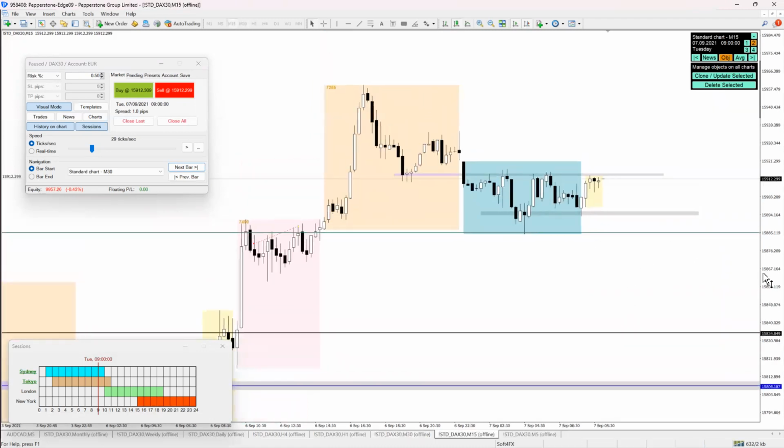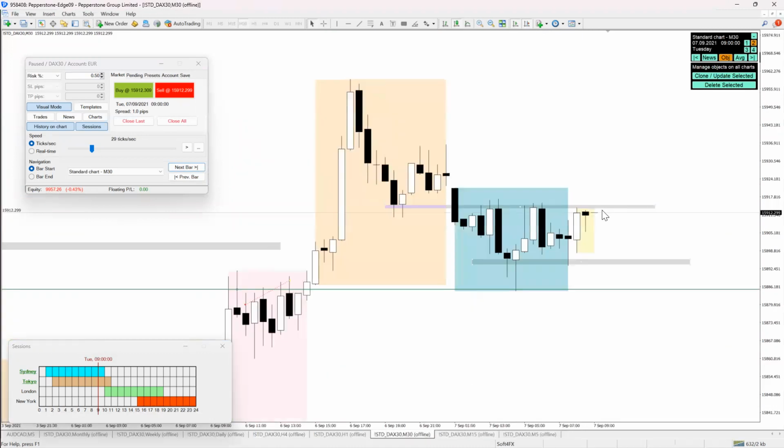So this time, I think even consulting this 30-minute time frame, we've had previous rejections along here at this level. So we need to be careful. But can something break impulsively and continue that momentum?